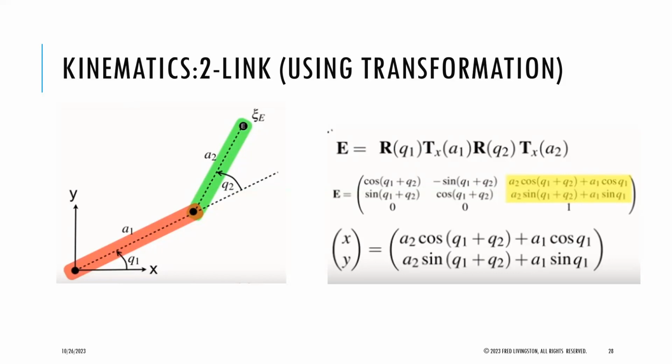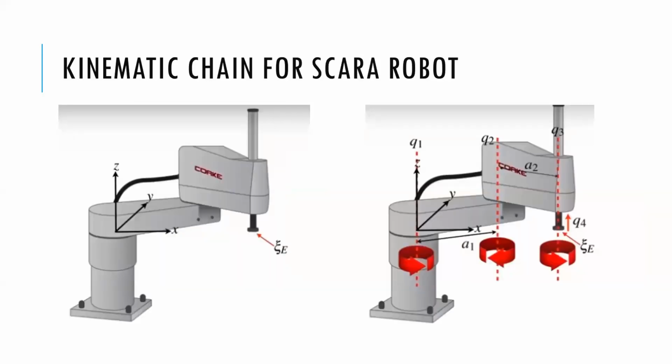Now I'm going to show some pictures on the board. Here is that SCARA robot. If I want to go from the base to the end effector, how can I compute that? What's the kinematic chain to do that?